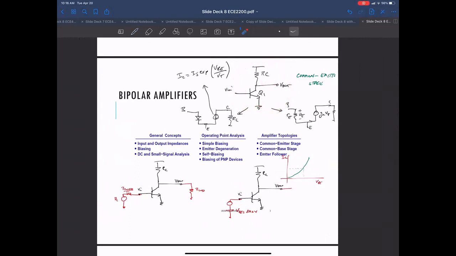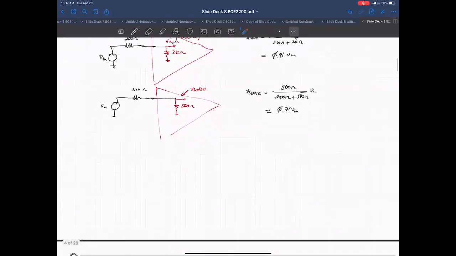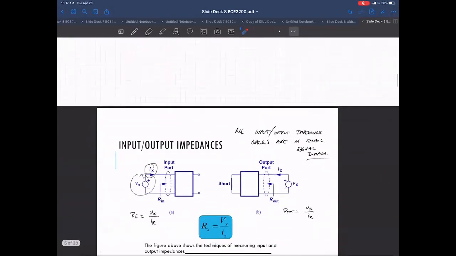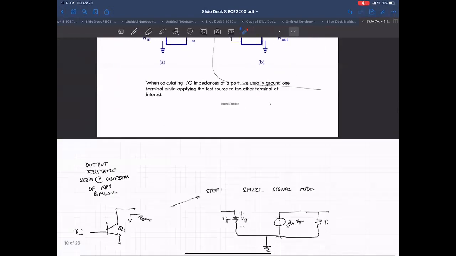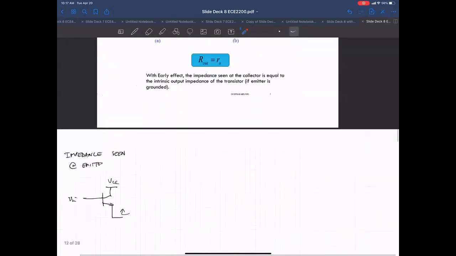So we can do what we like with those inputs. Some of those things are going to give us useful circuits and some won't. But you could have circuits, specifically the emitter follower, where the emitter is not grounded, but it's really your output. So we'll come to those later, but for now, let's see if we did something like that, what would the output resistance look like?